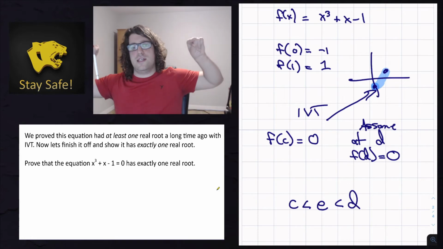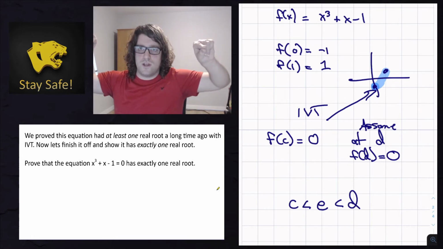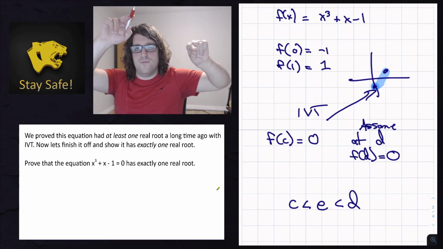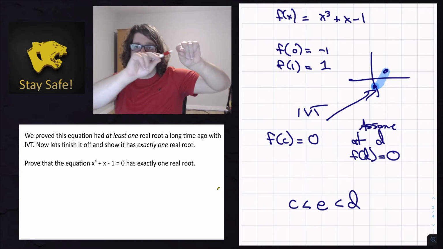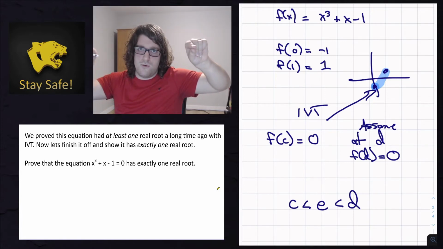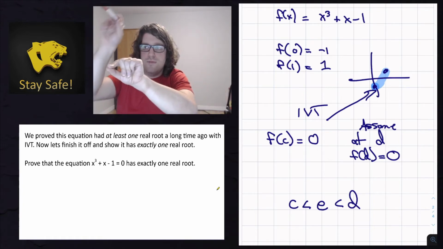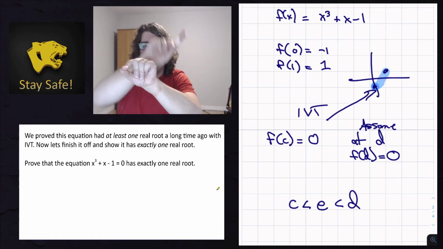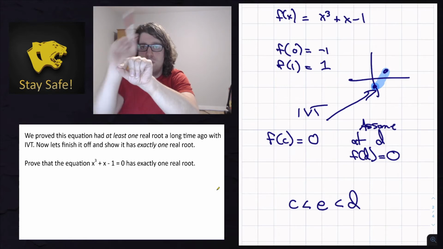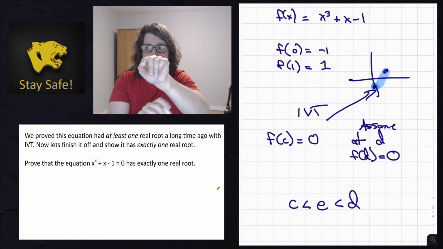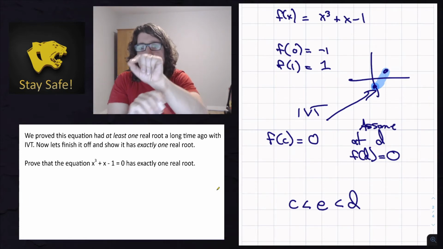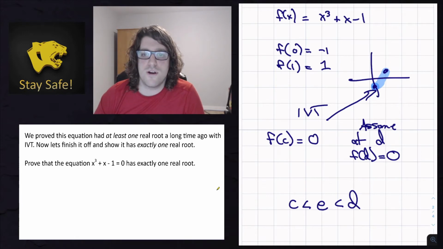So c and d are at the same height. So there must be an e somewhere in the middle where the slope is 0, because they're either connected with a straight line, which means the slope is always 0. It's an increasing function at first, so it would go up and then come back down. Slope is 0 somewhere here. It's a decreasing function at first, so it goes down, comes back up. Slope is 0 somewhere in the middle. So there is some e in between c and d where you would get a derivative of 0.